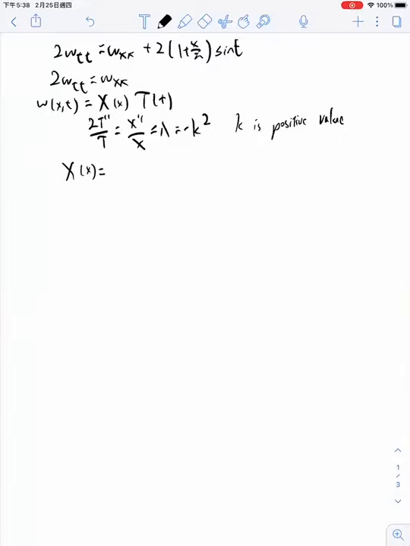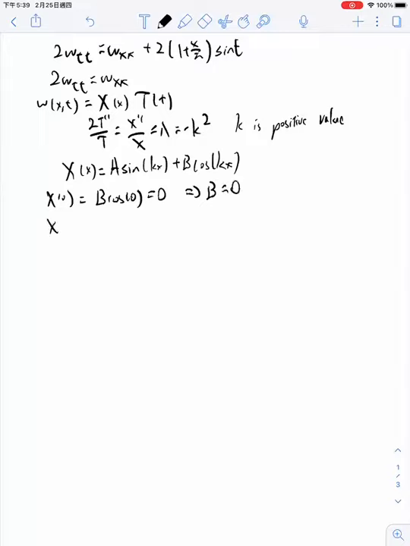So the form of the X function is a combination of cosine function and sine function. And then we fit the X function into the boundary condition. So at x equal to 0, you will get b is equal to 0.